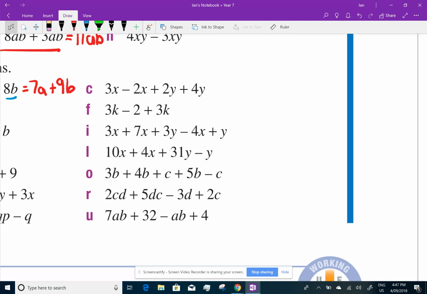So we'll go across, and I'll use my pen to highlight them. So the X's are the same. So I've got 3 X's, and I take away 2 X's. That leaves me with 1 X. Now, I don't need to write the 1, but I'm going to write it so you know that it's there. And then I look at the next 2 terms.